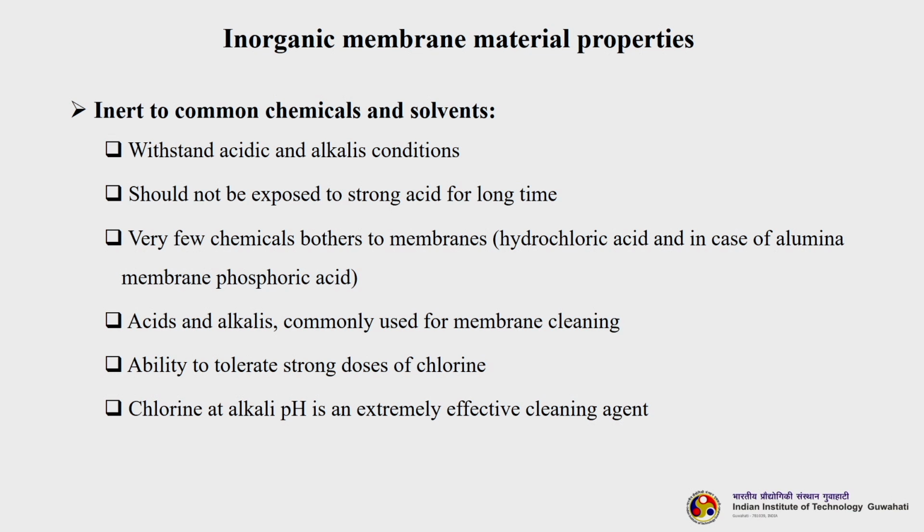The ability to tolerate strong doses of chlorine is another important feature of these ceramic materials. Chlorine at alkali pH is extremely effective as a cleaning agent. All these properties also make the ceramic membrane more interesting for applications in harsh conditions.